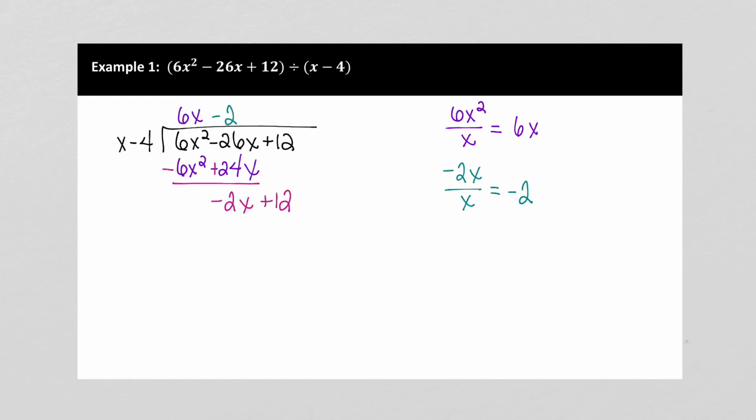So up here goes our negative 2, and we multiply back through. Negative 2 times x is negative 2x. Negative 2 times negative 4 is positive 8. And we subtract, so change the sign. Gives us a 4 down there. So our answer is 6x minus 2 with a remainder of 4.